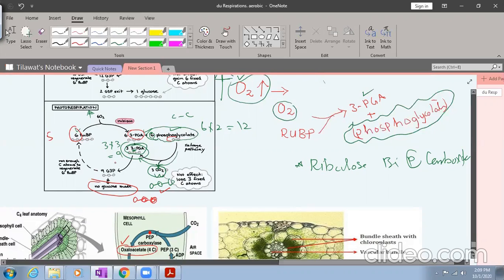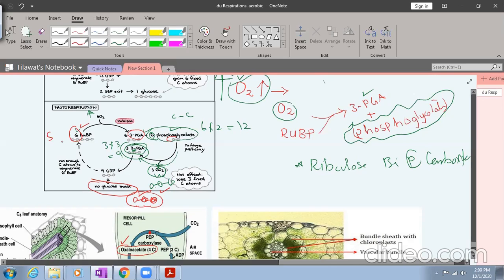So if we are getting this carbon skeleton for glucose formation, RuBP will be enough. But usually if glucose forms, some will be used to form glucose, and RuBP will decrease. Gradually, if RuBP is decreasing, we are losing RuBP, and the dark reaction will decrease.